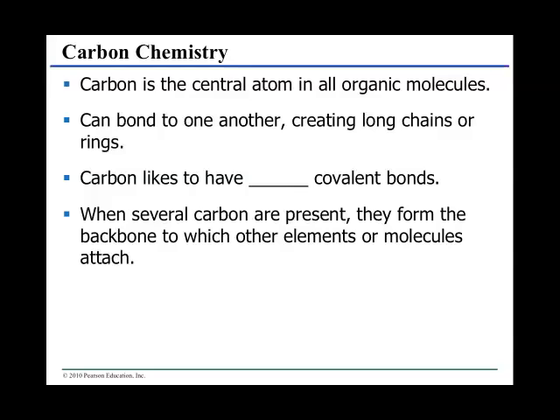And carbon has the ability to have 4 covalent bonds because it has 4 openings. So it is very versatile when you compare it to other elements that don't have the ability to chain with other carbons or other elements.